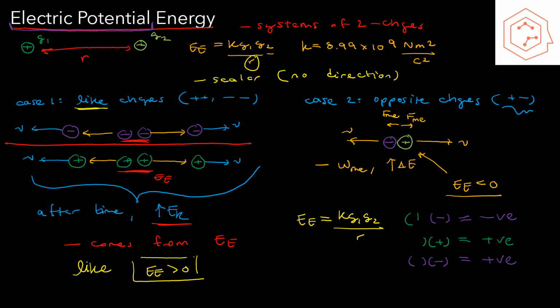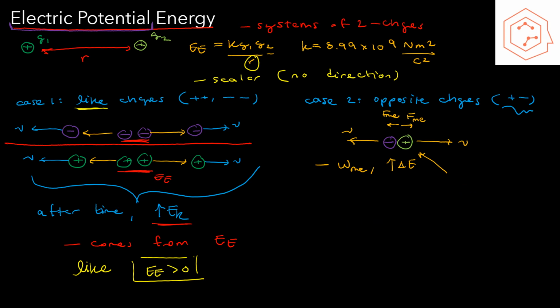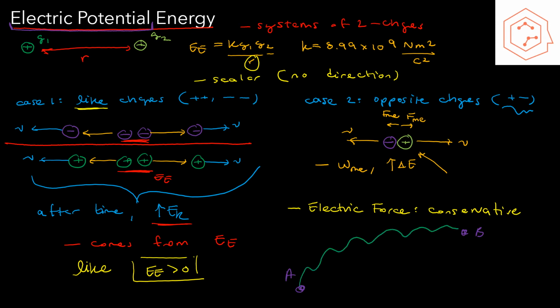Now there's one last thing we need to talk about for the electrical potential energy, and that is that since the electrical force is conservative, then essentially what we have is, if we have two positions, A and B, and we take a path that we'll call A, from A to B, and we take another path from A to B, which we'll call B, then the change in energy, delta EA, which is the change in energy for this path, and we have delta EB, which is the change in energy for the second path.